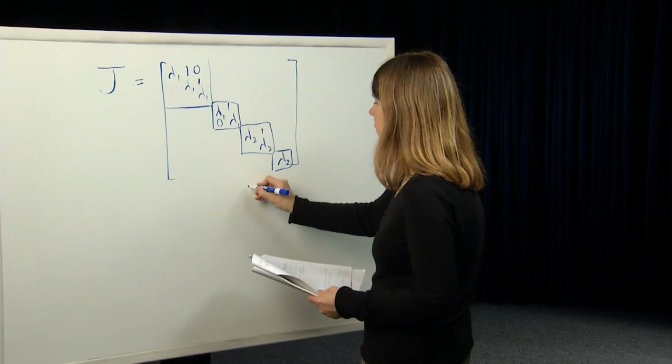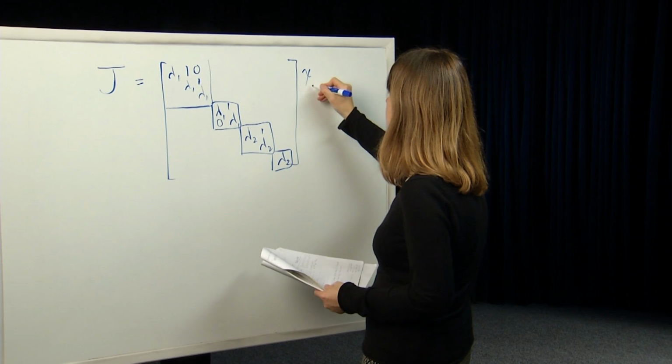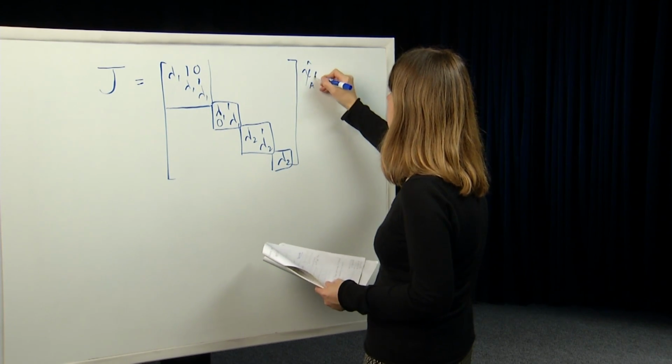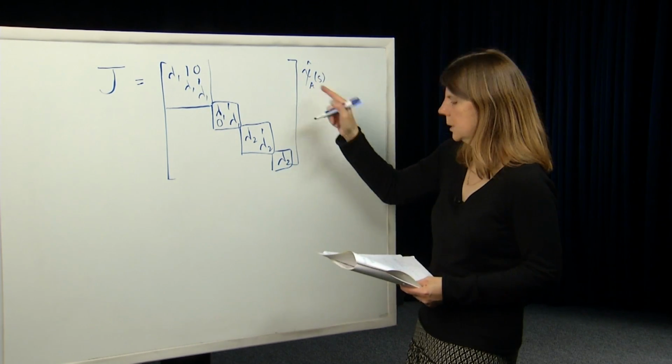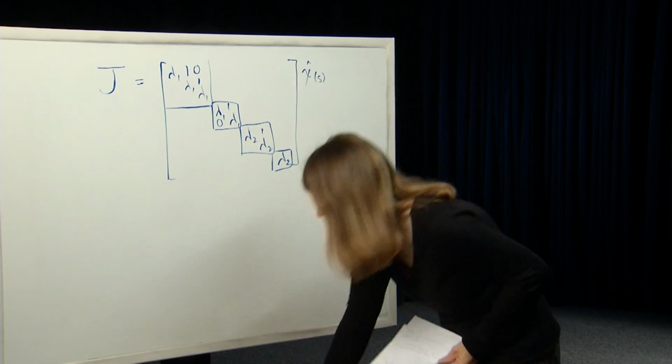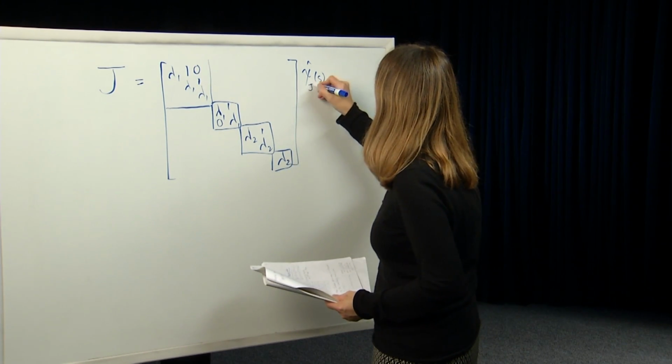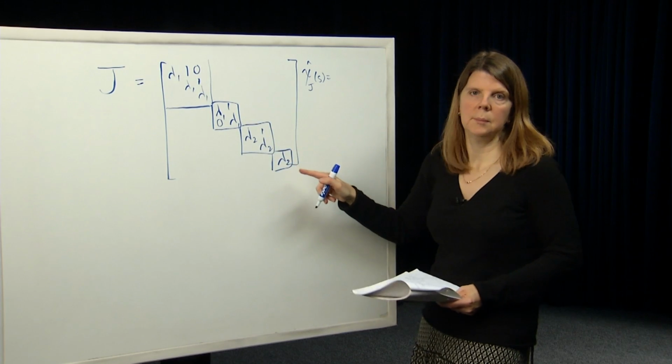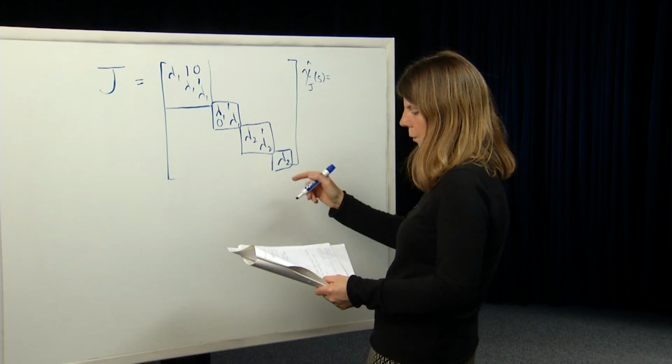The minimal polynomial, which we defined as psi hat A of s, actually associated to J, we can just read off immediately from the Jordan form.